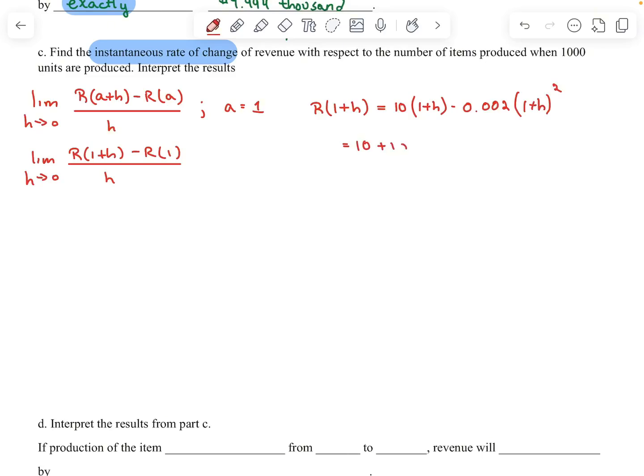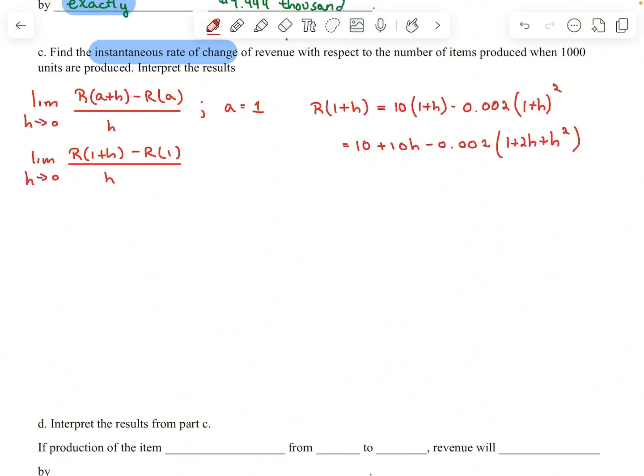Distributing the 10, we have 10 plus 10h minus 0.002. Now, if we expand 1 plus h all squared, that will be 1 plus 2h plus h squared.